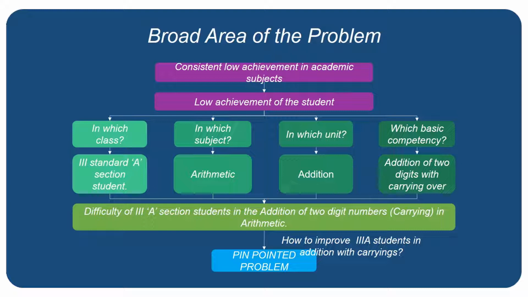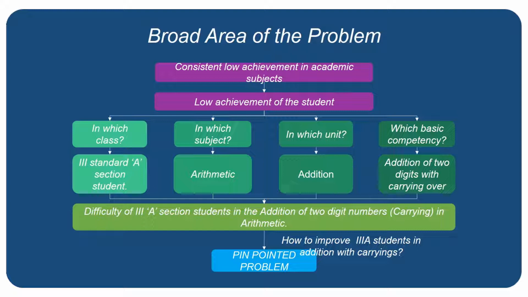When we say in which class, we may say for example 3rd standard section A students we are talking about, their low achievement. Then in which subject, maybe let us say for example arithmetic, and in which unit, for example addition. Then which basic competency, if someone is interested, just for the sake of pinpointing further, addition of 2 digits with carrying over, if some teacher says this.